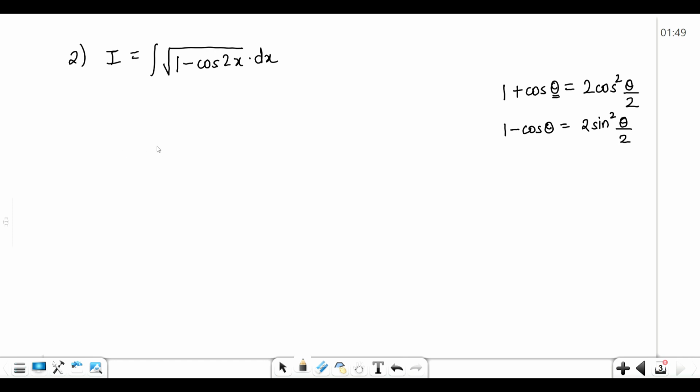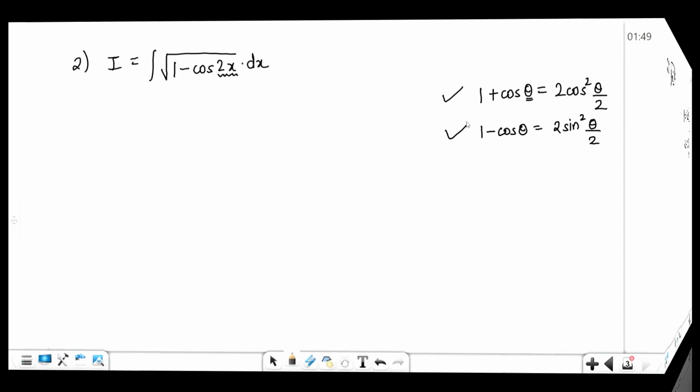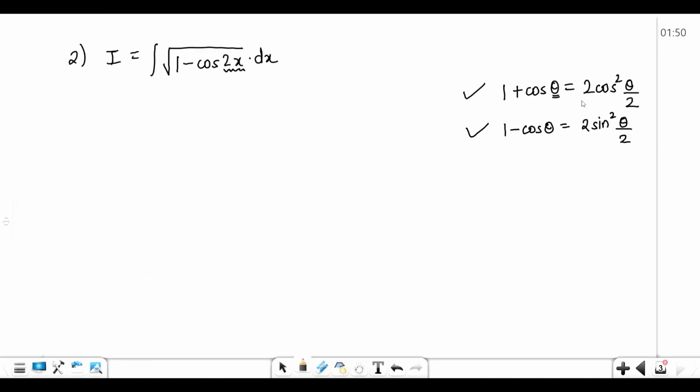Here we have 1 minus cos 2 theta. Instead of 2 theta we have 2x, so the half of 2x will be x. This is similar to the second formula, 1 minus cos theta, which gives you 2 sine square theta by 2.